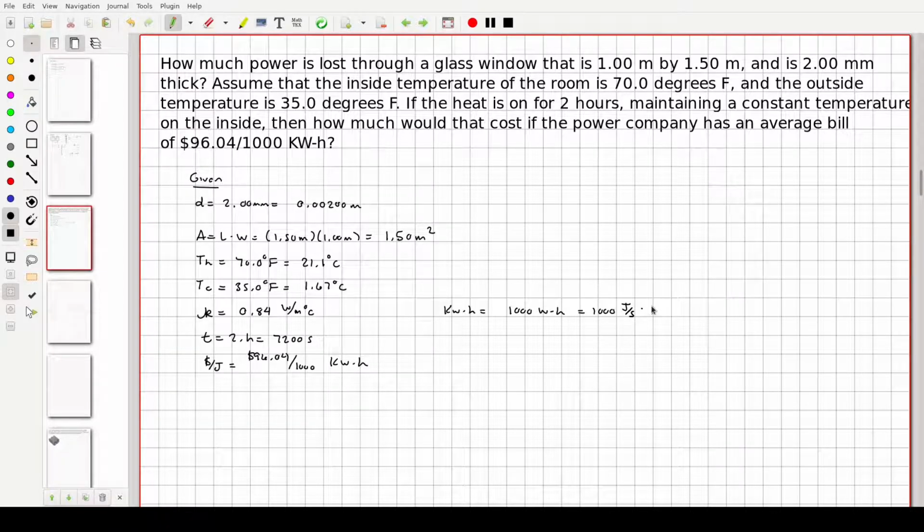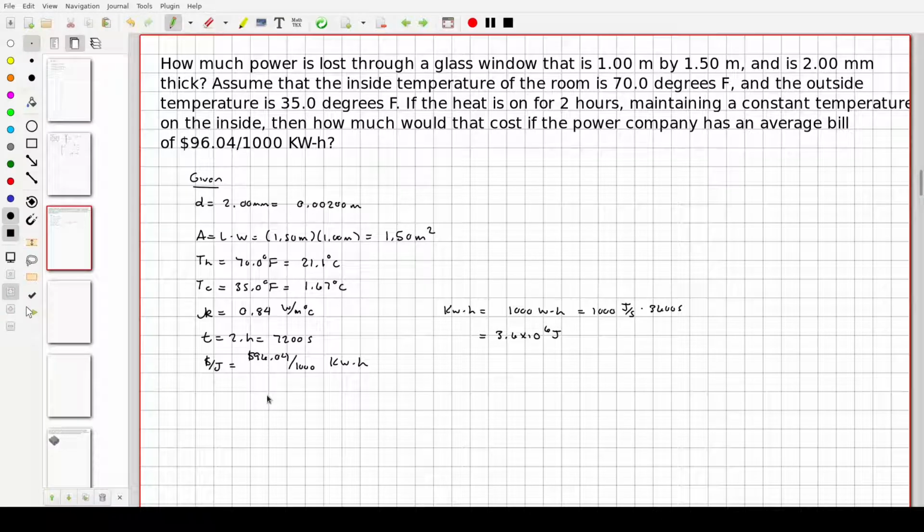As I said earlier, there are 3,600 seconds for every hour. So what that does is allow us to turn this into joules. So a kilowatt hour is 3.6 times 10 to the 6 joules.